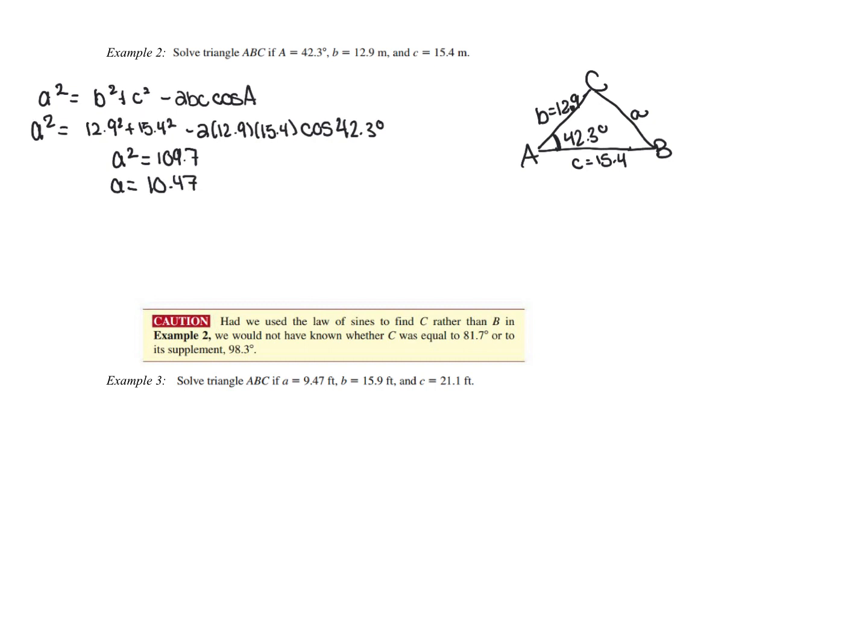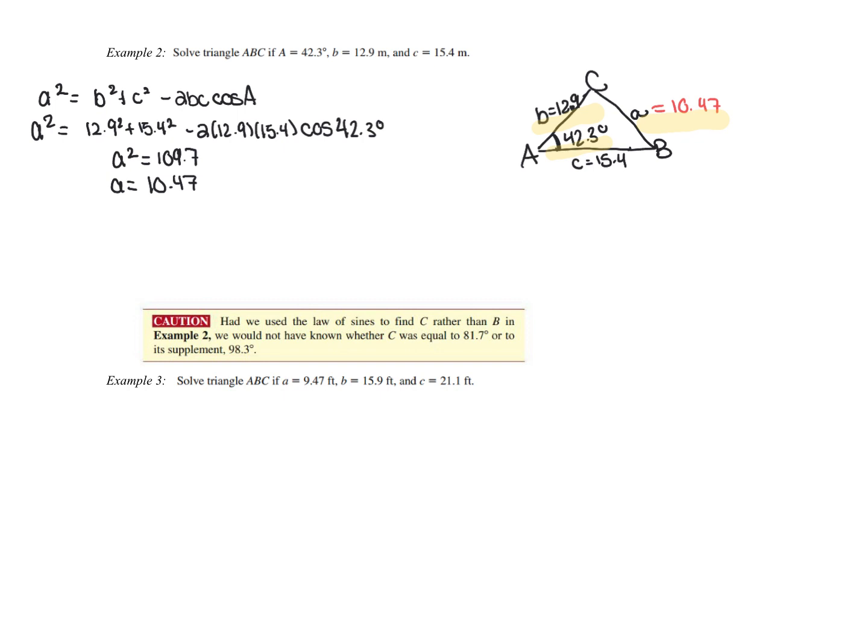So now I know a over here is 10.47. And I just want to highlight something. If I go in here at this point, now I do have a full ratio, a and a. But if I choose to do law of sines, it matters who I find first. I need to find B first, not C. And the reason is, watch: side, side, angle.